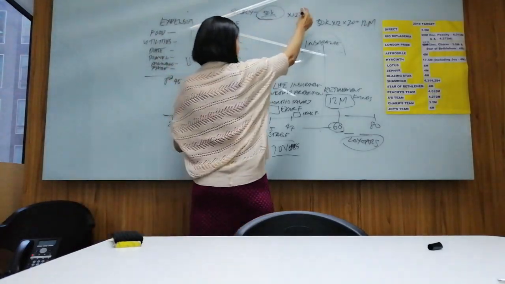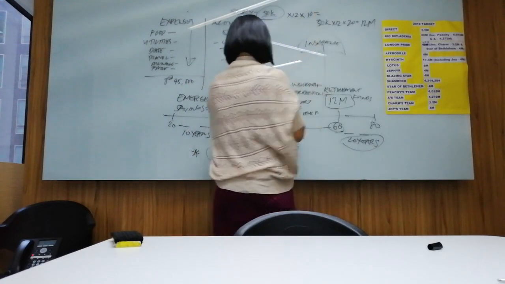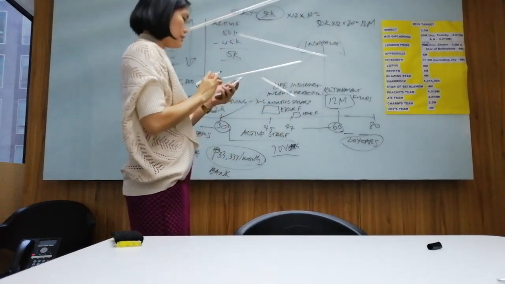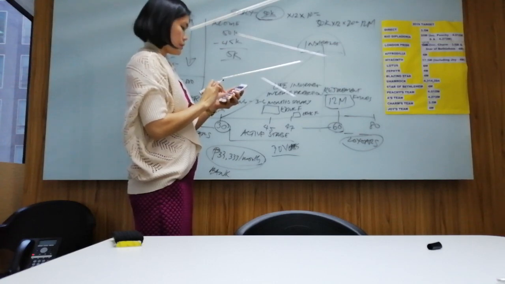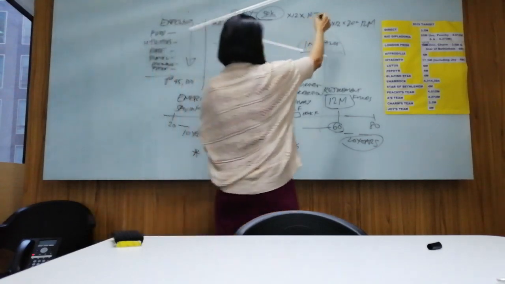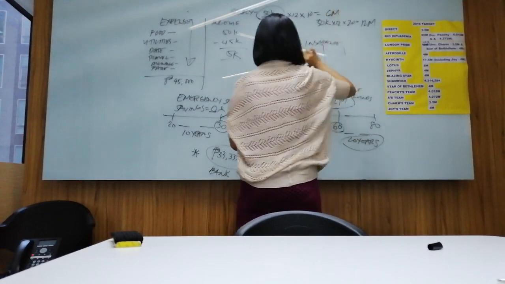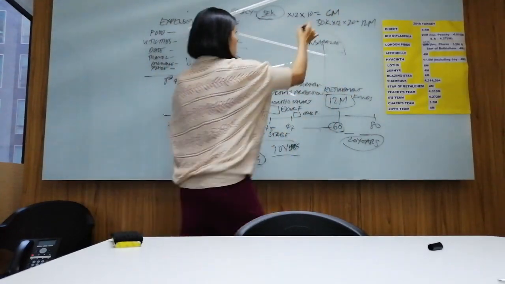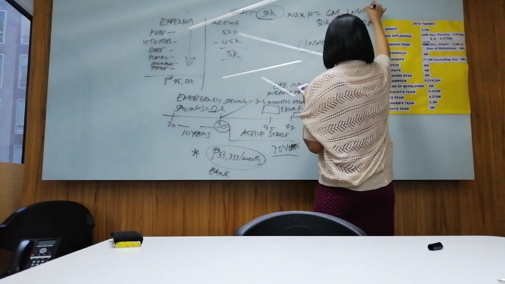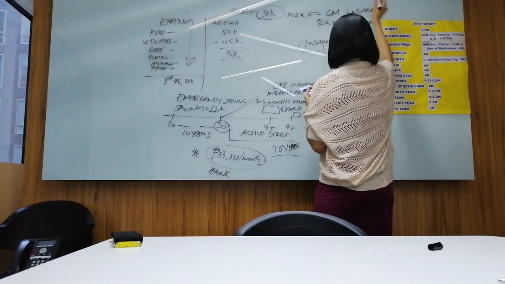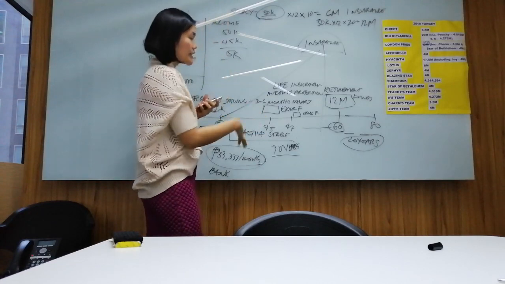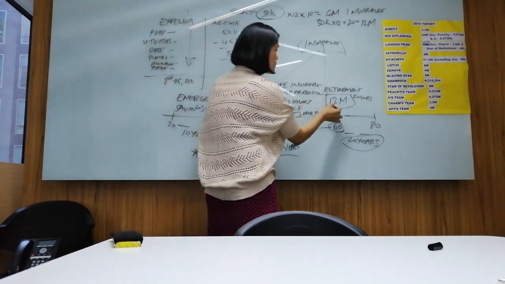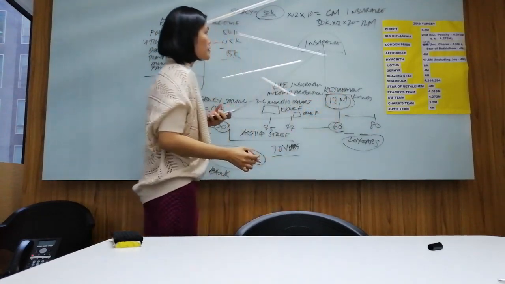So, 50,000 times 12 times 10. So, how much is that? 50,000 times 12 times 10. So, kailangan niyo ng 6 million insurance coverage. Okay? And sabi natin kanina, kailangan niya ng 12 million retirement fund.